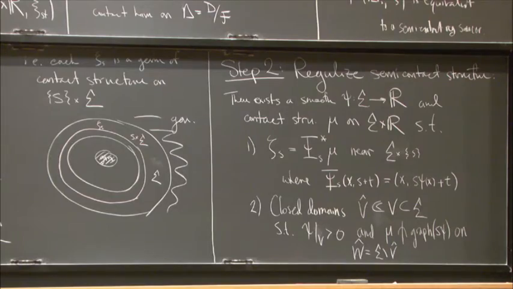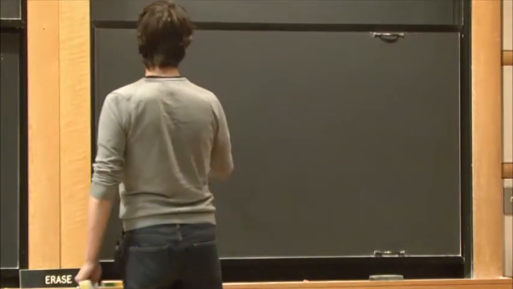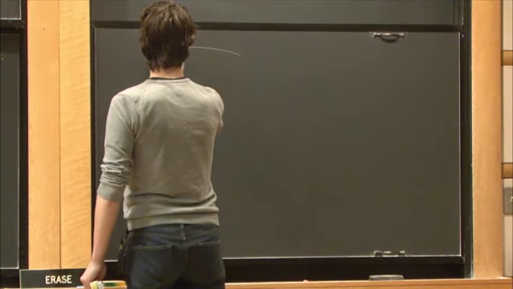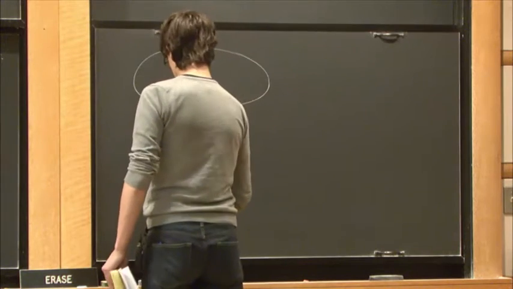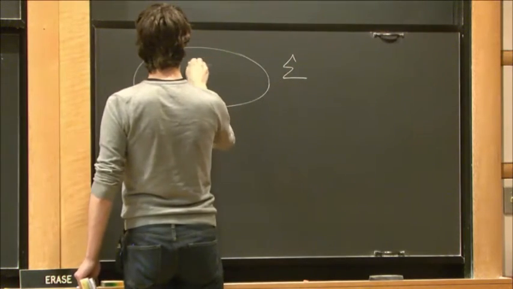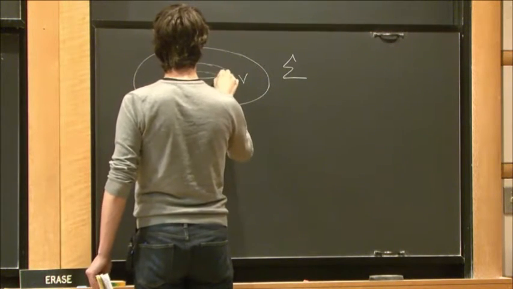So what's the picture of what has happened? So here is sigma, here is V, here is V hat.